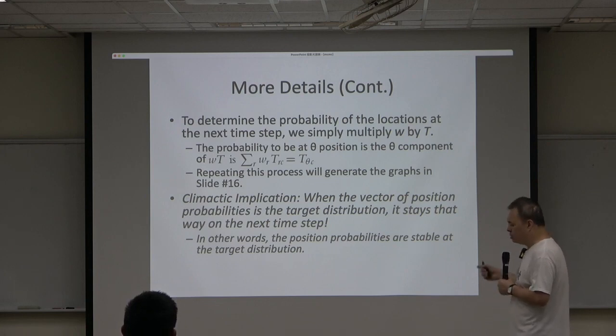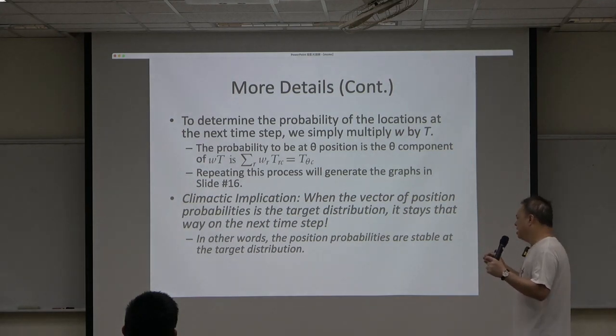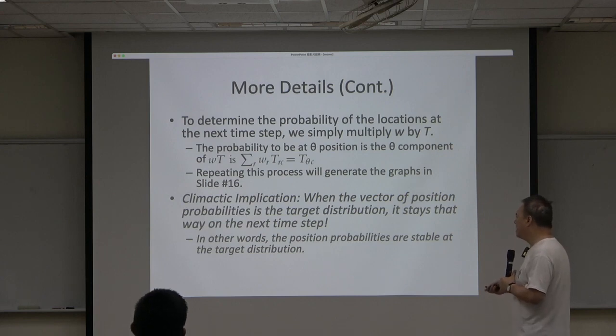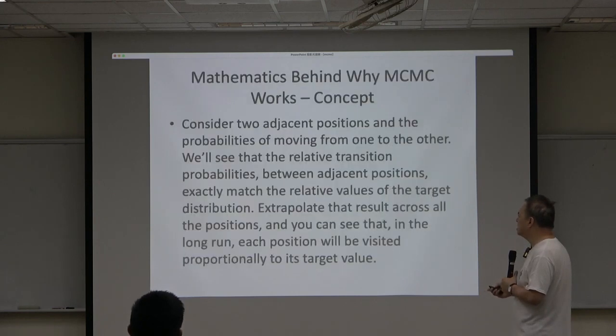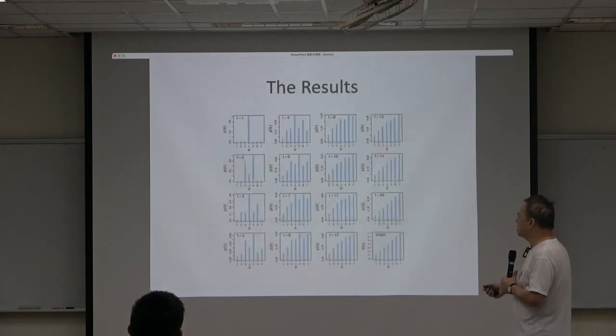You are going to end up with the probability of each location in the next step. So you just keep multiplying this matrix, and you are going to end up with something like this.